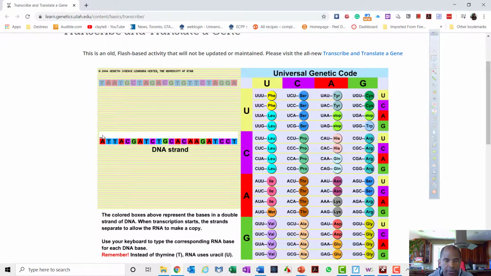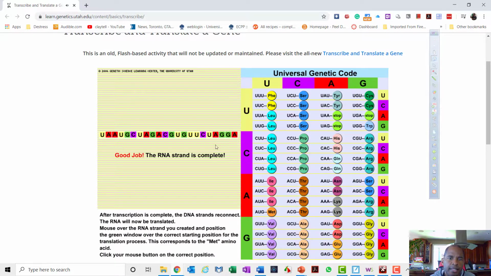It is going to be U. Complement for T is A, and so on, right? So now we've transcribed the DNA to an RNA.